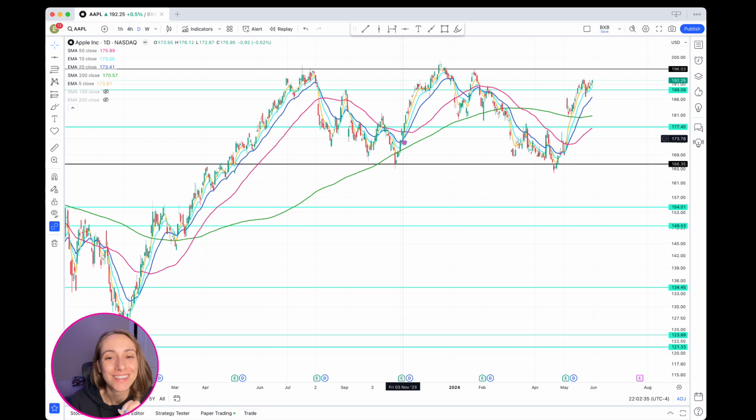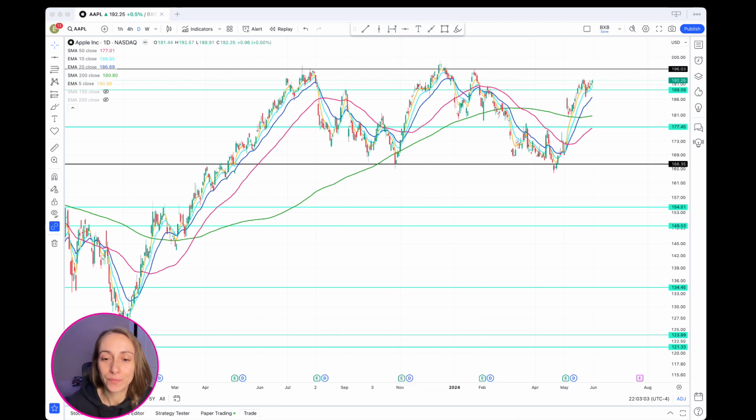Now, how I use this information to get out of a trade is understanding I am still in a base until the stock tells me otherwise. But I am not sticking around with my entire position to see if it's going to break out of the top of this.